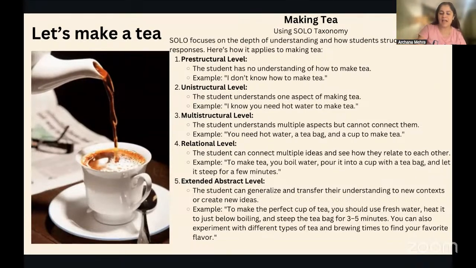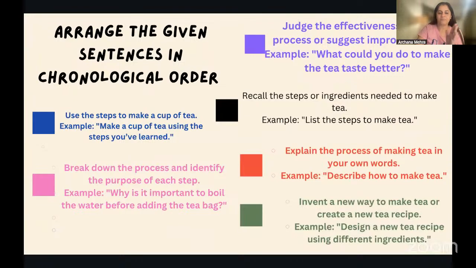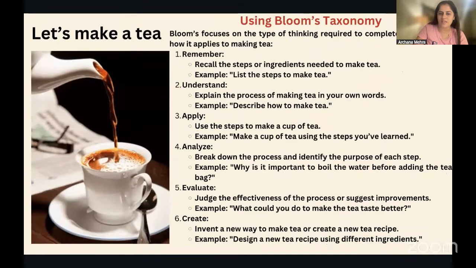Whereas this example looks at the breadth: he's able to recall, then explain, judge, and list down the steps. So various learning styles and thinking styles of the child are stated here. So that's Bloom's taxonomy, which says remembering, understand, apply, analyze, evaluate, and then create.